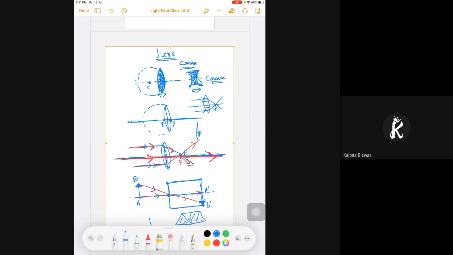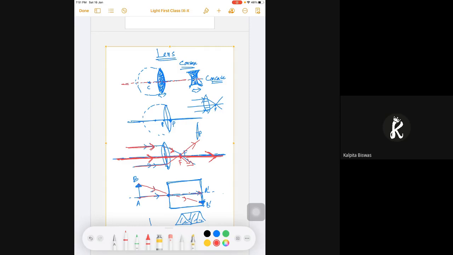That important point is what happens when we put a light parallel to the axis of the lens. The axis of the lens means the straight line cutting the center and the pole, passing through the center and the pole.